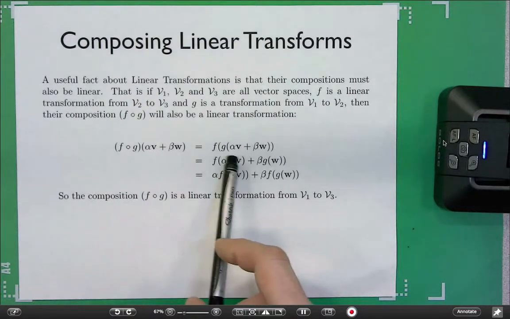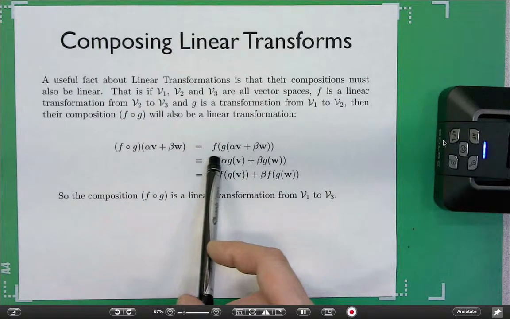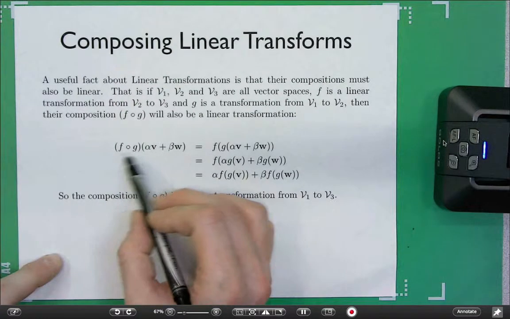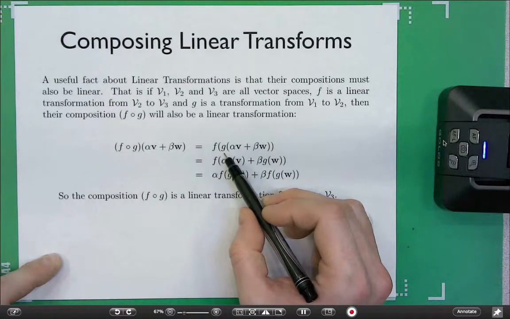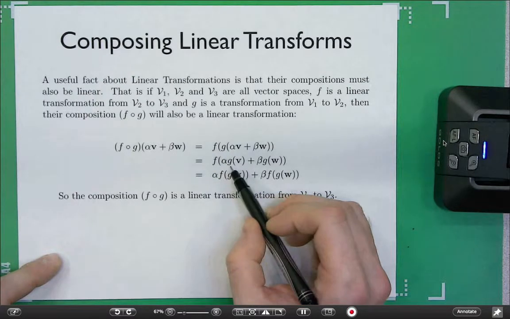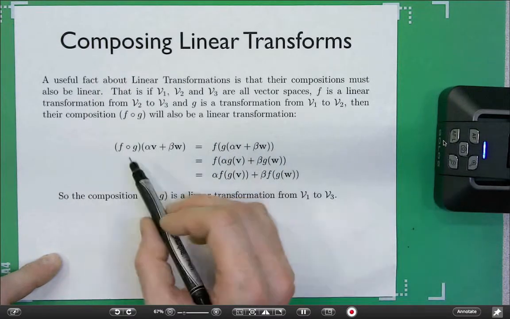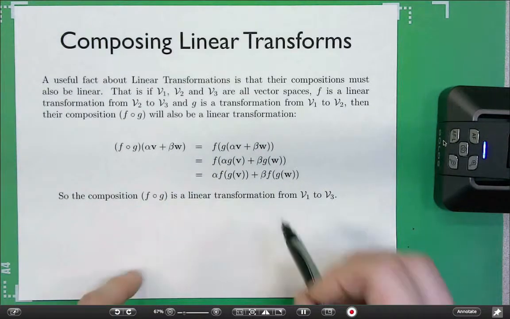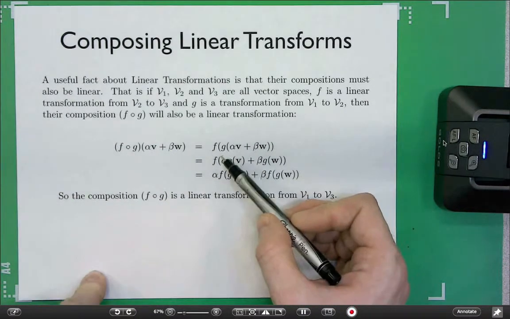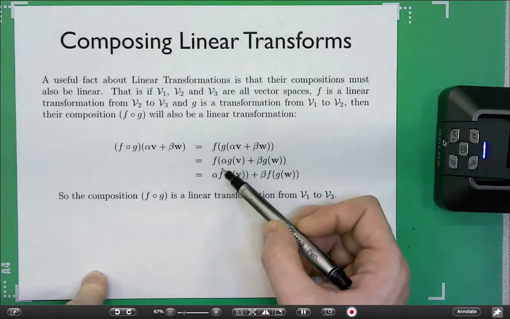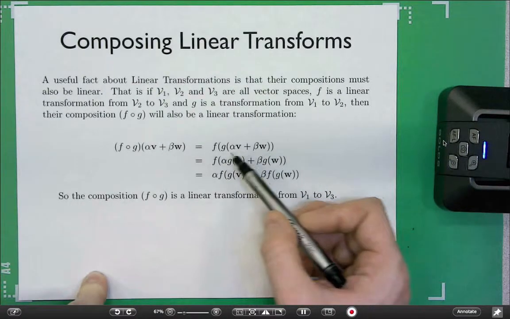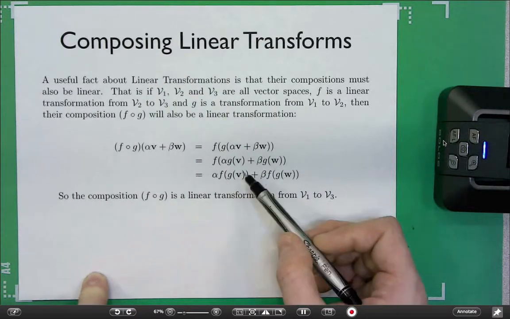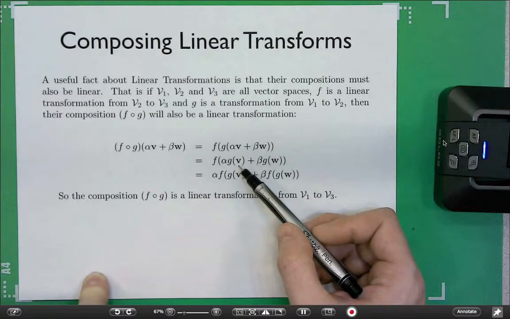You just need to look at the definition of linear transformation. This is just a composition of functions, which means first apply g, and then apply f on the result. If we apply it to alpha v plus beta w, because g is linear, I can do this. It doesn't matter if I apply g on the linear combination or do the linear combination after I've applied g individually on v and w.